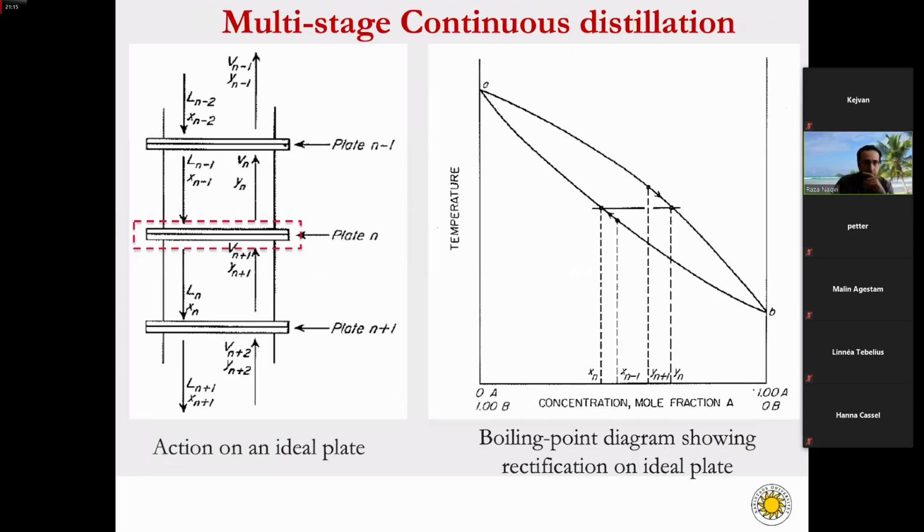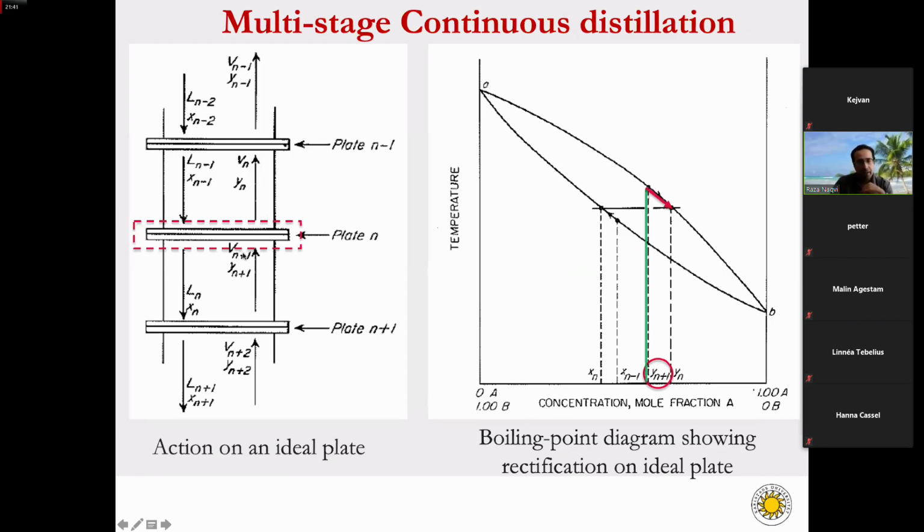Now I will show you a system for a multi-stage continuous distillation column. So if we look at the action on an ideal plate, what happens? There will be two streams entering plate n. One is the vapor stream entering plate n, and there is one liquid stream that is going to enter plate n.